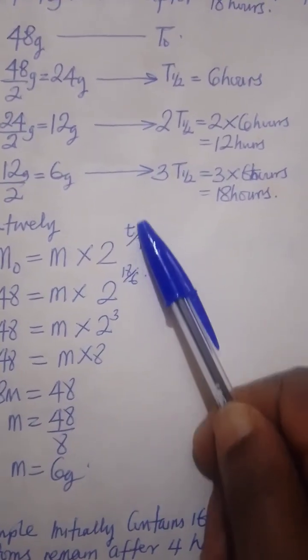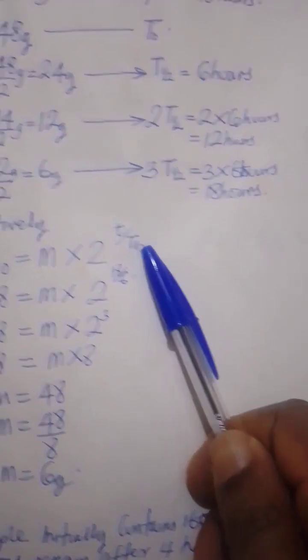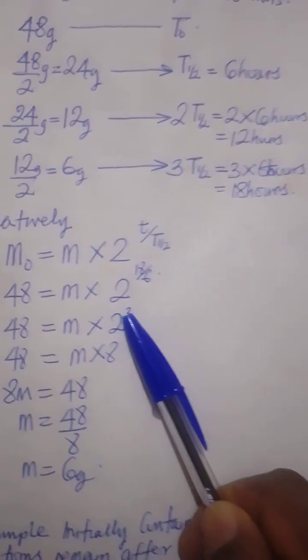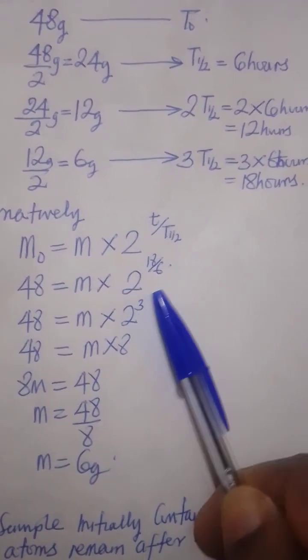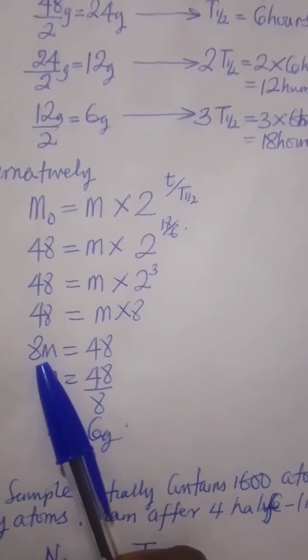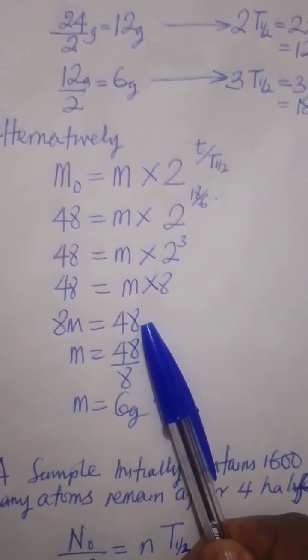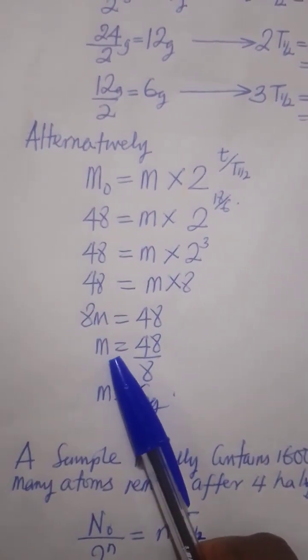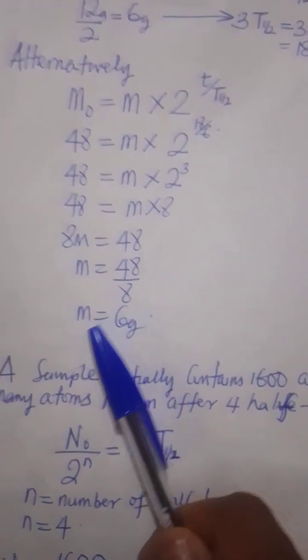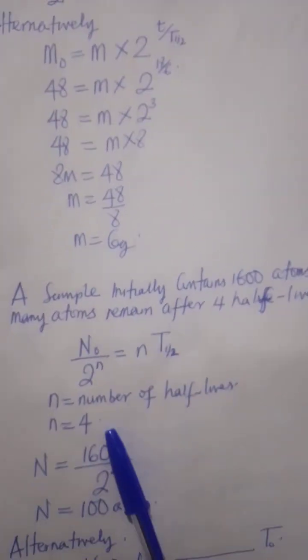We're given that the time for the disintegration is 18 and the half-life is 6. So if you divide 18 by 6, you get 3. 2 raised to the power 3 is 8, and if you resolve this properly, you will get 8m equal to 48. So m is 48 over 8, and then you get 6 as your answer.